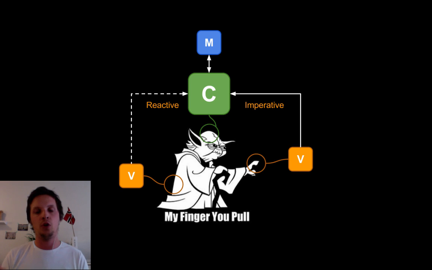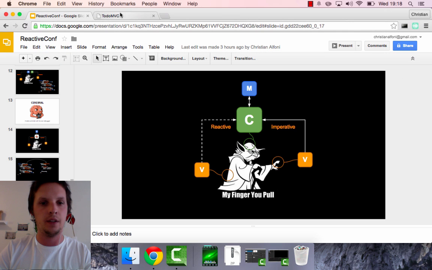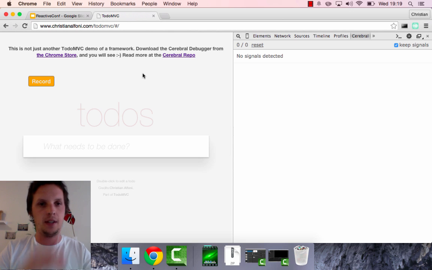So with this mental image in your head now, let's take a look at an application. We are going to take a look at to do MVC here. Let me just reset here. And what's going to be really interesting is that you have no idea how I have coded this app.